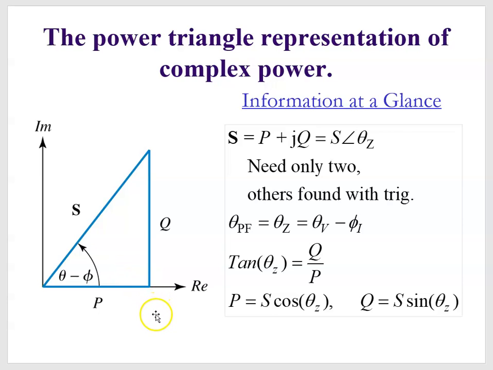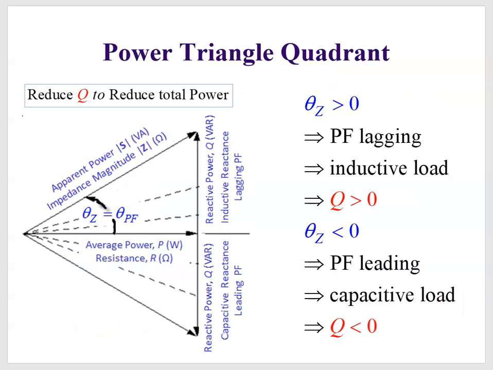When we're working with power, we work with these power components as opposed to our impedance components. Again, our real power is our apparent power times cosine of theta z, where theta z is the power factor angle, and our reactive power is our apparent power times the sine of theta z.